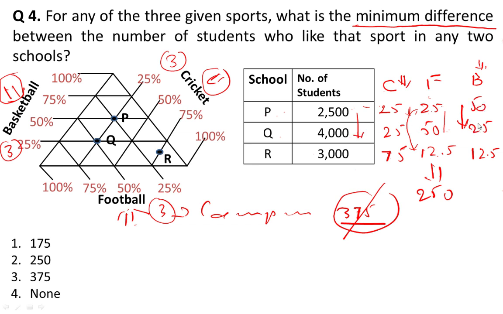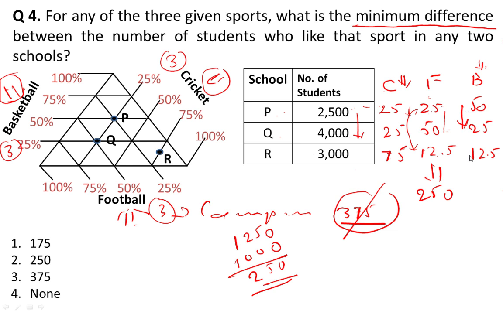So therefore I will check that it could be the smallest difference. So 2500, 50% is nothing but 1250, and 4000, 25% is 1000. What is the difference? 250. Now I get that 250 is the difference between P and Q.